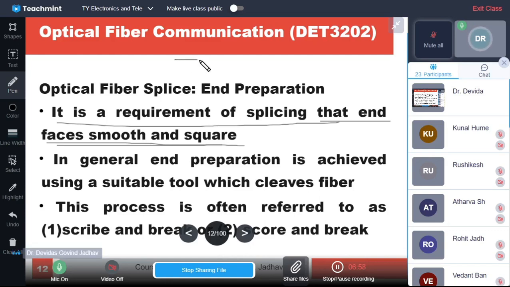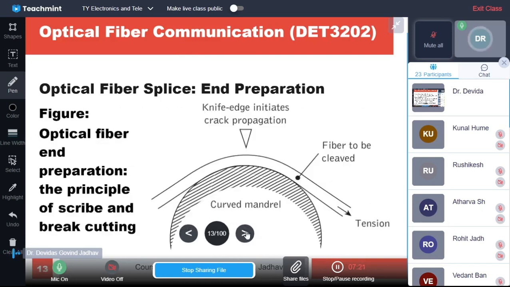In general the preparation is achieved using a suitable tool which cleaves the fiber. The process is often referred to as scribe and break or score and break.